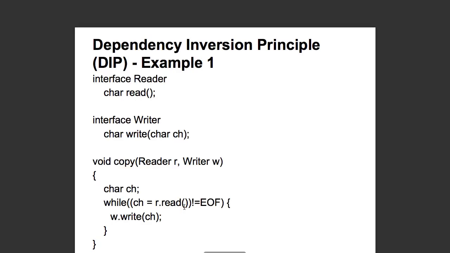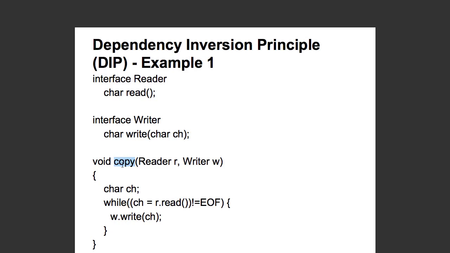A better way of designing that would have been to create an interface called reader, an interface called writer, and the copy method is only responsible for reading from the interface and writing whatever it gets from the reader to the writer. Now, what is happening in here is we are leaving it to the user of this specific method. Whoever is using this method can create instances of the reader and the writer and pass them in.